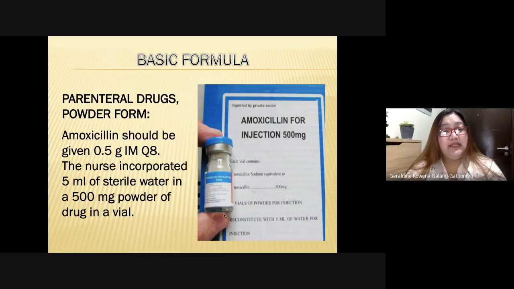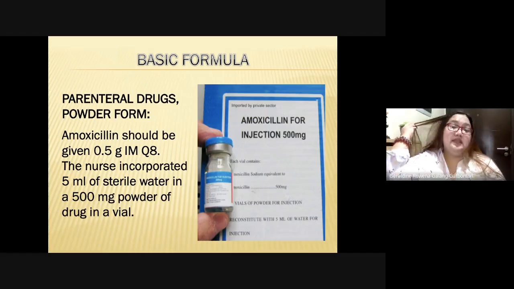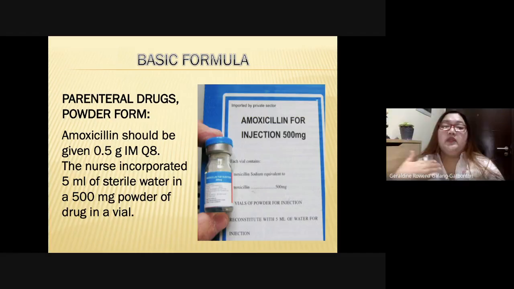So, importante na naka-label dito kung gaano karaming diluent ang inilagay ng previous nurse. Okay? So that when the next nurse computes, tama pa rin yung magiging dosage niya. Kasi sa powder form drugs, kung gaano karami yung pinang-dilute mo, ganon karami yung times Q.